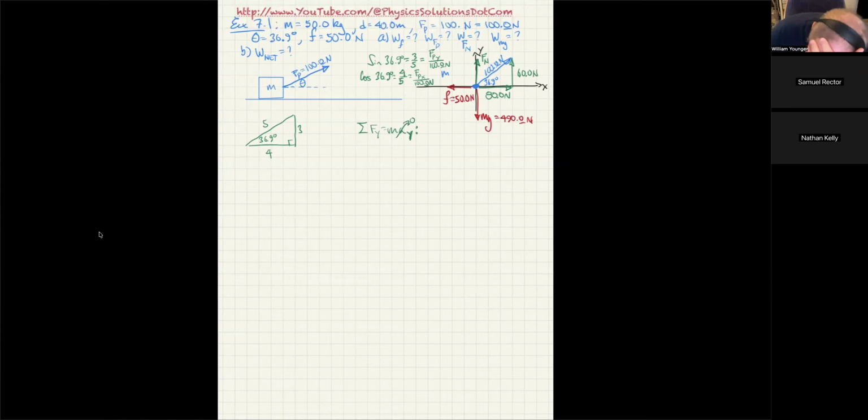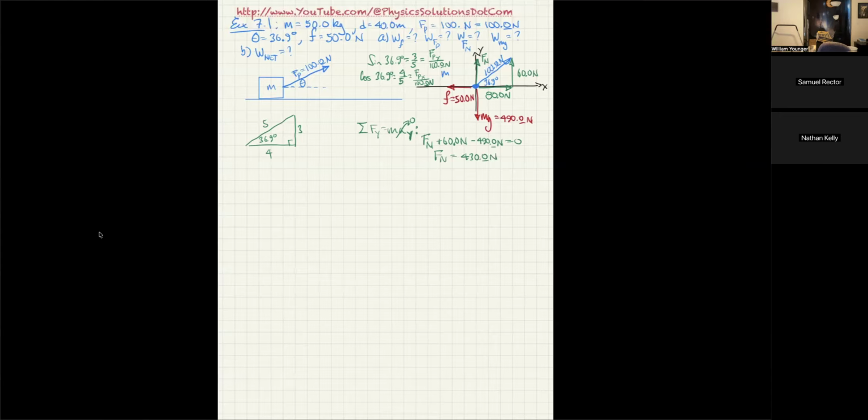So with that in mind, what we see is we get Fn, which points up, so it's positive, plus 60.0 newtons, again points up, so it's positive, minus 490 newtons is equal to 0, and that tells us that the normal force is in fact equal to 430.0 newtons.